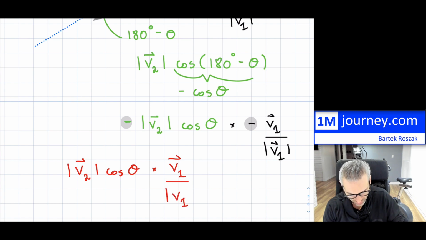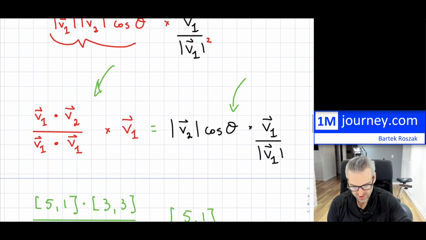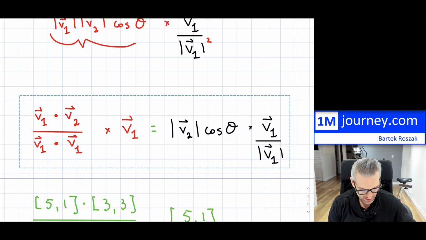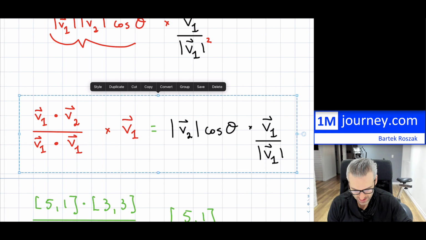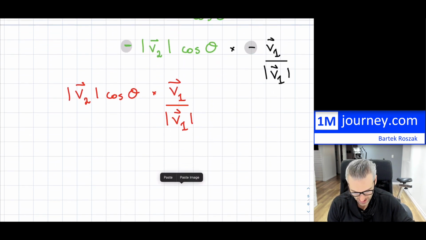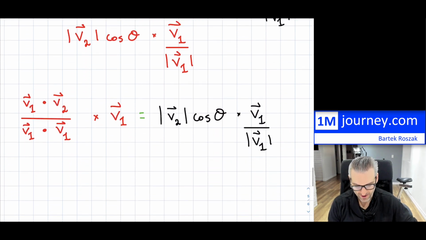This is exactly the same as what we had over here, so it equals this as well. So in total, it doesn't matter whether the angle is between 0 and 90 or between 90 and 180, you're going to get the same projection out. So that's what we would have in there.